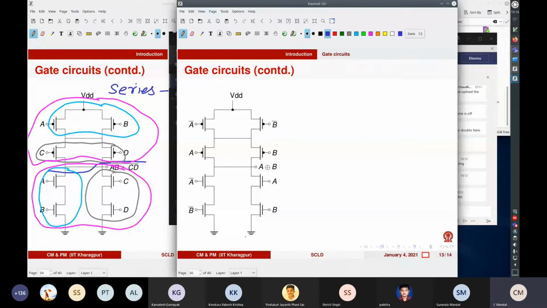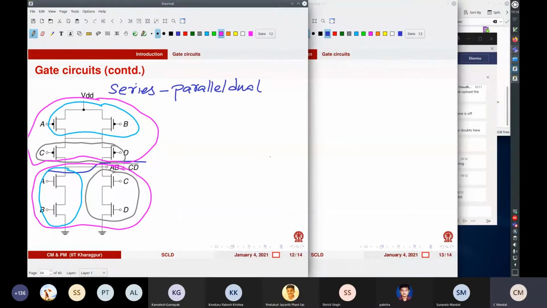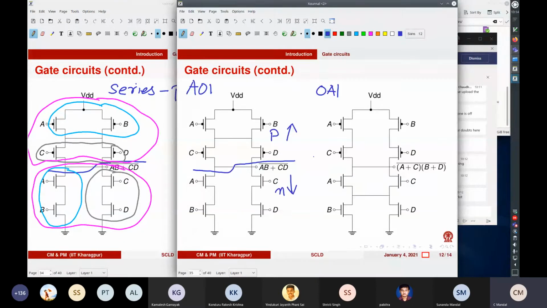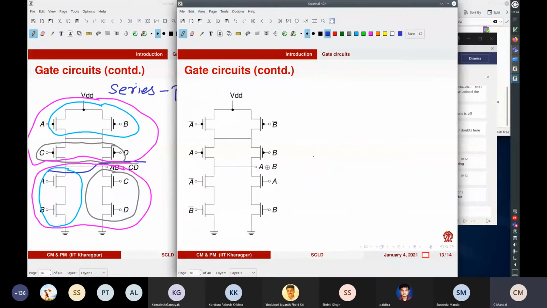Okay, so let me tell you how you can check a little more easily. If you have noticed earlier, the gates that you studied earlier, all of these had a complementation, right? So XOR, you can say, is the complement of XNOR, okay?